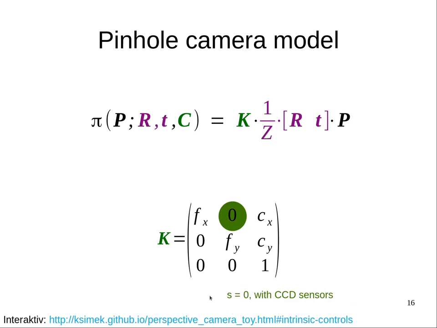What this Q parameter models is when your pixels do not have a right angle, but rather have some skew. This could happen with film cameras, where the film is deformable, but CCD sensors are rather sturdy, so it's safe to assume that skew is 0. And this is why we are ignoring it. Also, the OpenCV library does not allow you to calibrate this skew with the basic camera model.